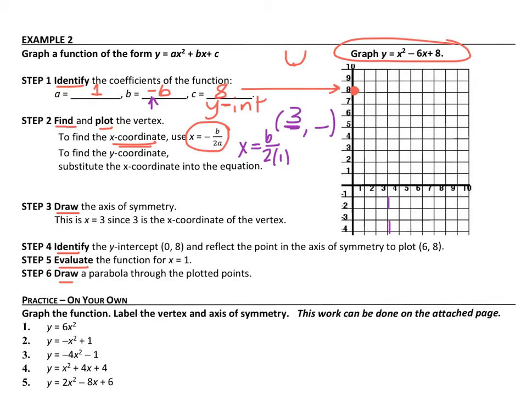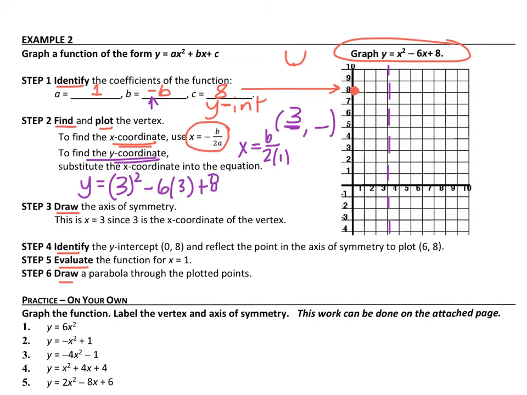I'm going to go ahead and draw that in now. So this is where our mirror image is going to take place. And to find the y-coordinate of the vertex, we're just going to plug 3 into our function. So y equals 3, because that's our x value, squared, minus 6 times 3 plus 8.